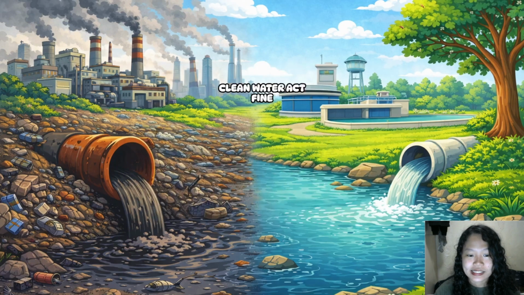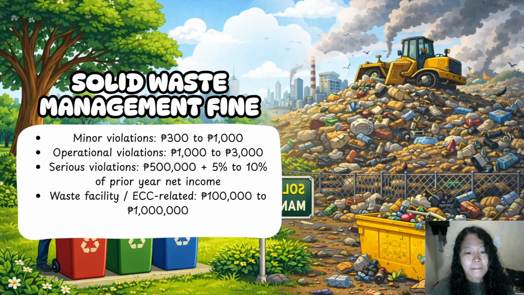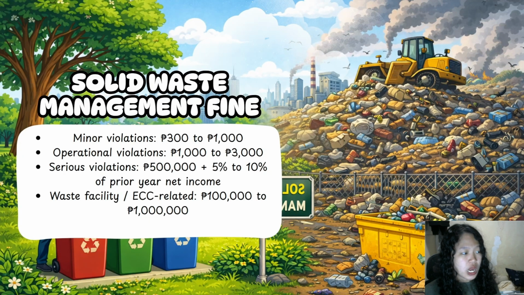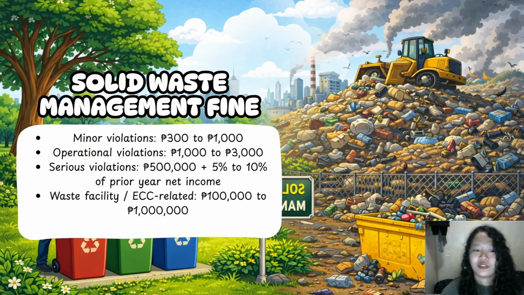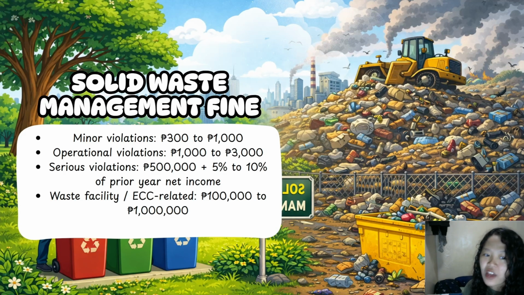So next is solid waste. Client: May violation po sa waste disposal. Magkano po? Lawyer: Under the Ecological Solid Waste Management Act, penalties depend on the severity. Minor violation may cost 300 pesos to 1,000 pesos, while sub-operational violations are 1,000 pesos to 3,000 pesos.